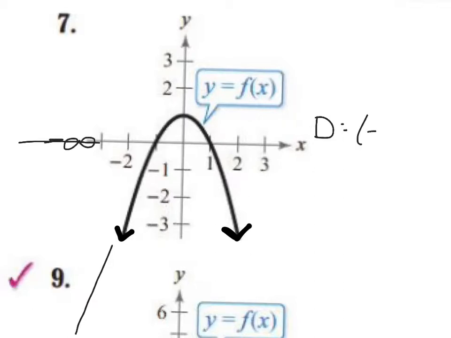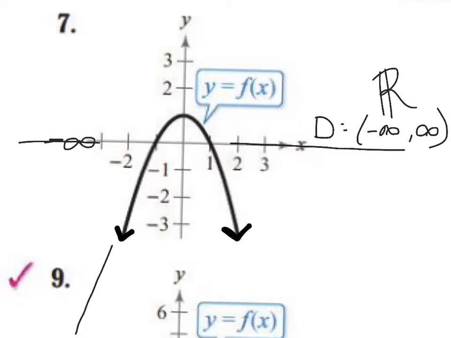Negative infinity. And this is going to keep on going and getting bigger to what? Positive infinity. This is the way you write negative infinity to positive infinity. We use a parenthesis because there is no specific stopping point. You cannot say this is the last number. It goes on forever, so we have a parenthesis. You guys could also say this is all real numbers. It's everything on the number line, on negative to positive.